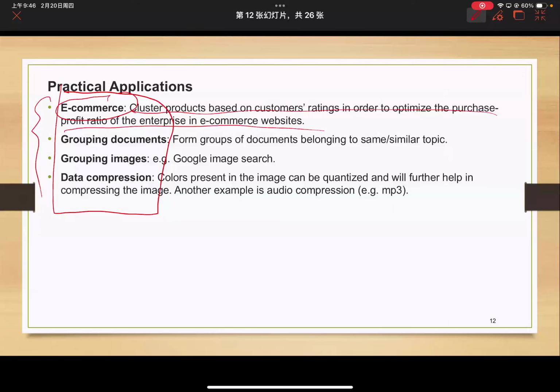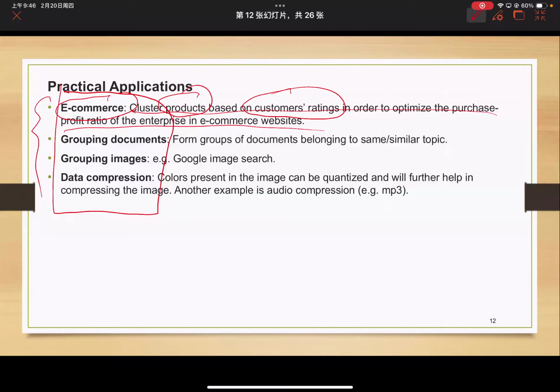So at first, like products, it can cluster the products based on the customers' ratings. So what kind of products might be more popular and what kind of products might be less popular.